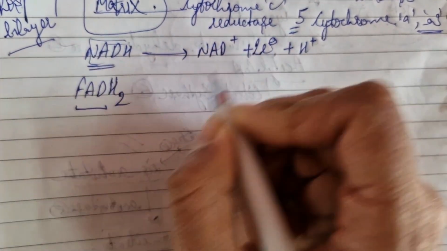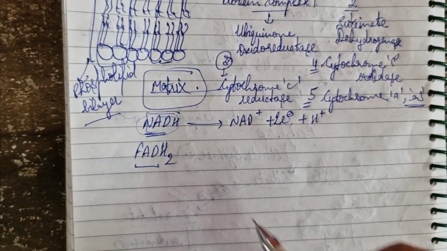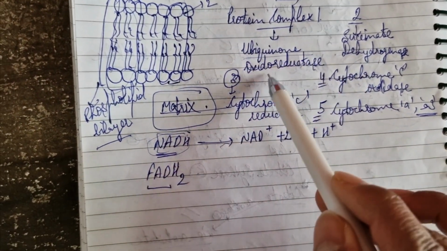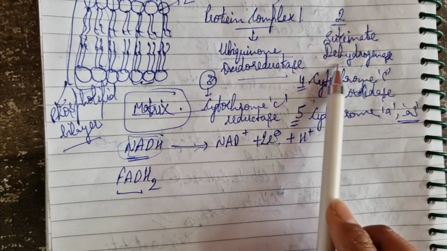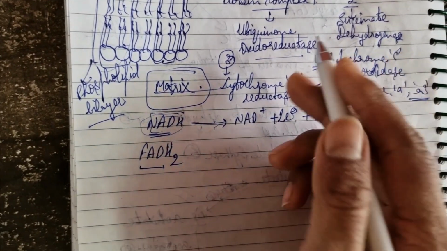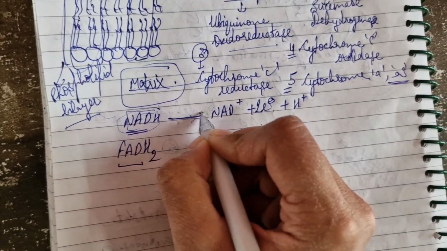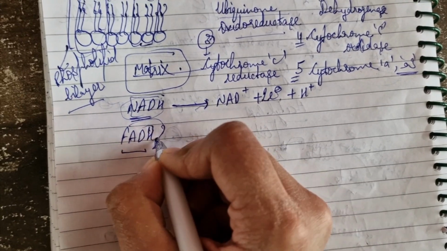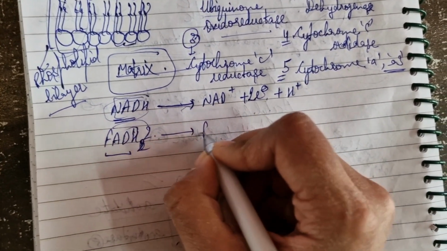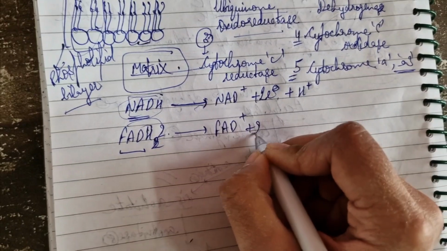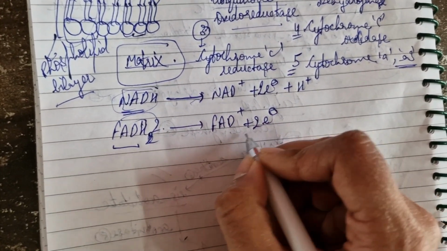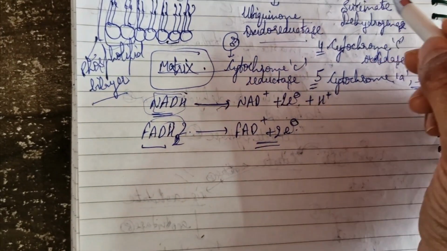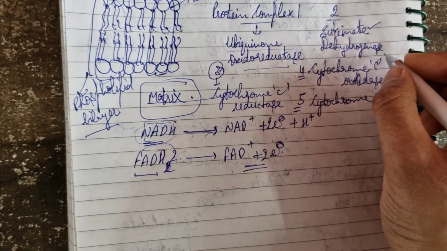Now these two electrons given by NADH are accepted by protein complex number 1, which is known as ubiquinone oxidoreductase, and passed on. Similarly, in the case of FADH2, it gives FAD plus 2 electrons, which are accepted by protein complex number 2 named succinate dehydrogenase.